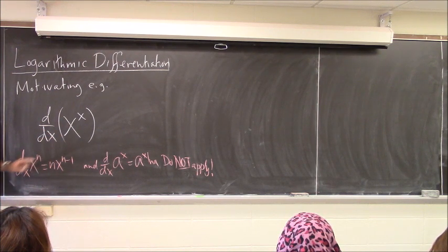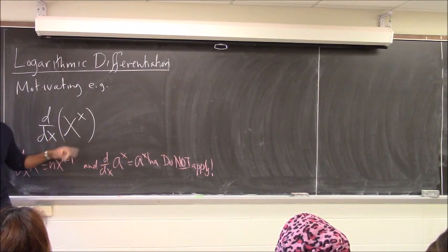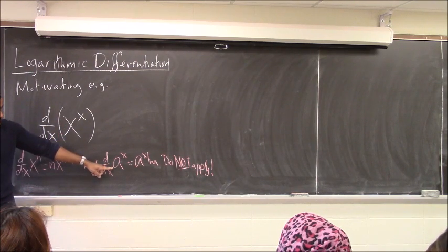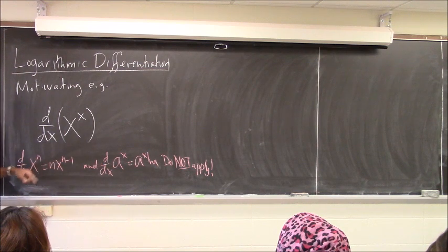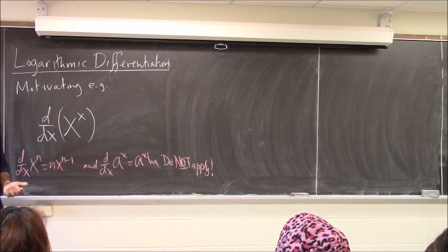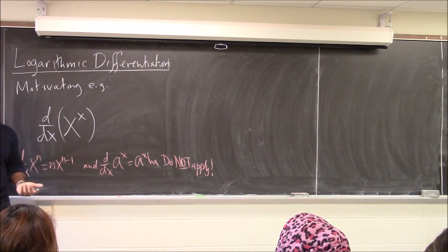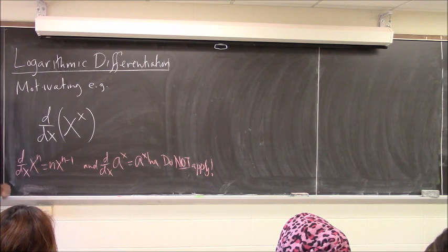These do not apply. Power rule does not apply because the power is not a constant. This rule does not apply because the base is not a constant. We know how to deal with it if the base is a constant or the power is a constant, not both at the same time. So now we might want to consider, well, if none of the rules we have so far can deal with this, how would we deal with it? Here is one way.